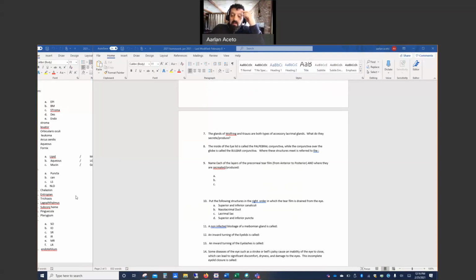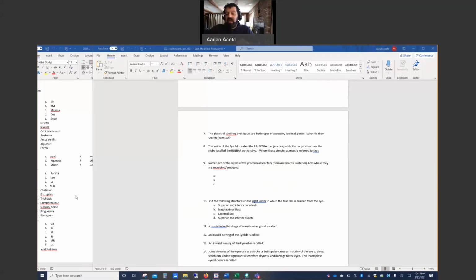The biggest one that I'm looking for is that it's not infected. It's not red, it's not tender, it doesn't hurt. If there's an infected blockage of the eye, we generally call that a hordeolum. Non-infected chalazion, infected hordeolum. Hordeolums, when they're infected, are what a lot of people refer to as styes. I'd prefer you use hordeolum versus chalazion.